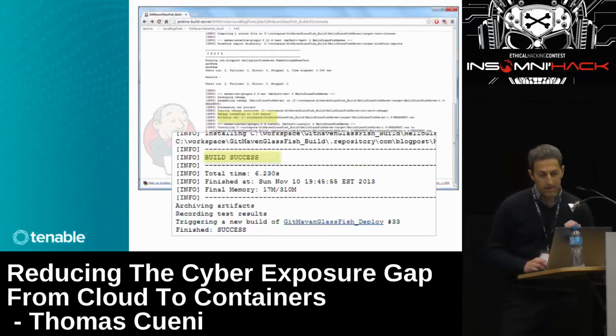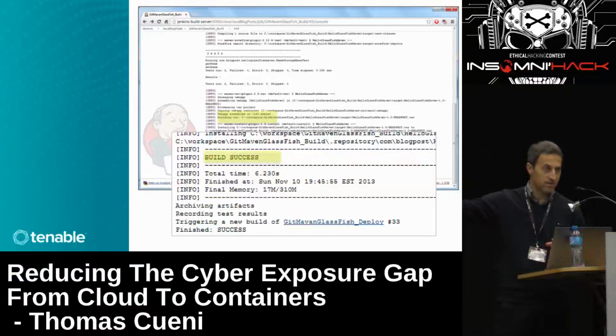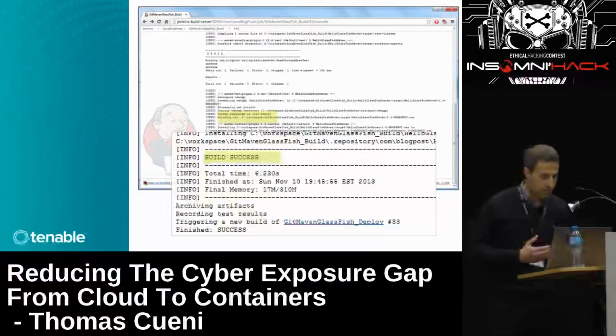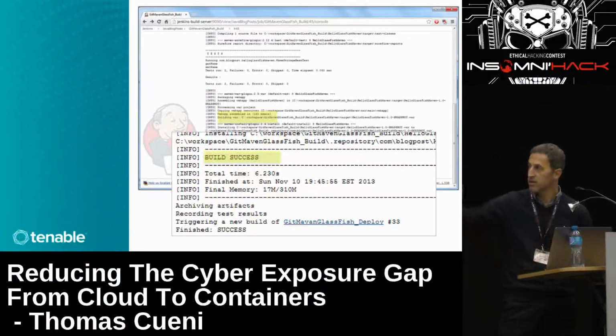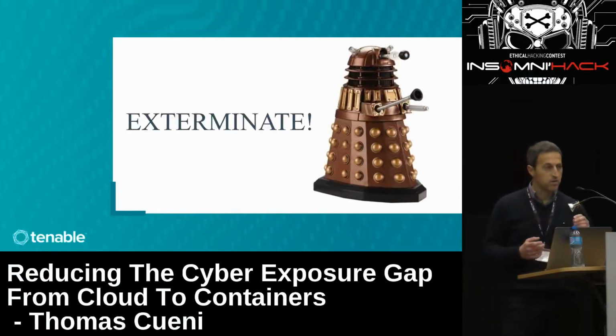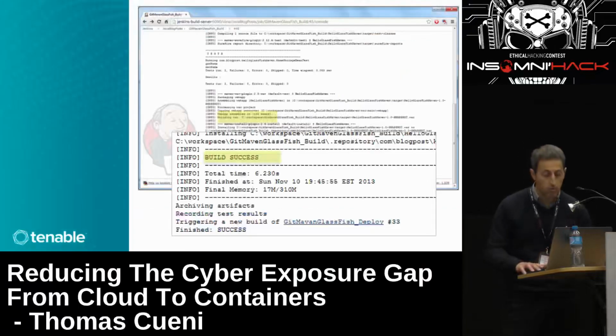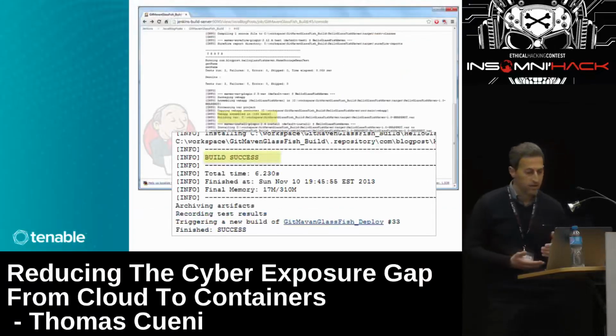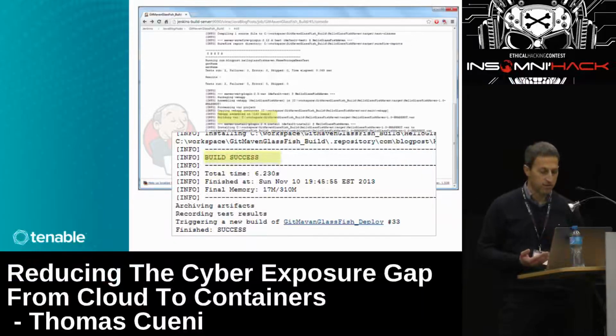So the goal really is that the build is successful. If the developer starts the build process, as shown here in Jenkins, we should be sure, and that's why I go back to this slide, that all potential vulnerabilities have been exterminated in order to successfully finish the build process of the software.